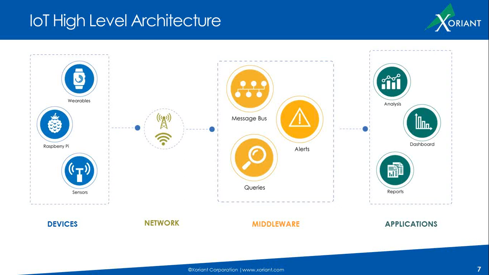The middleware at a high level could comprise asynchronous architectures that allow for ingestion of data in a batch mode, or you could even have a real-time ingestion layer that's capable of accepting data at a high rate. Over here, you could do your queries. You could filter out data that you do not want to ingest into your backend applications.